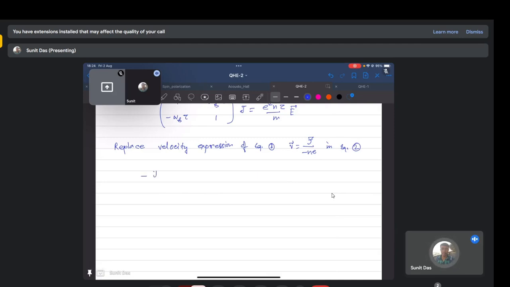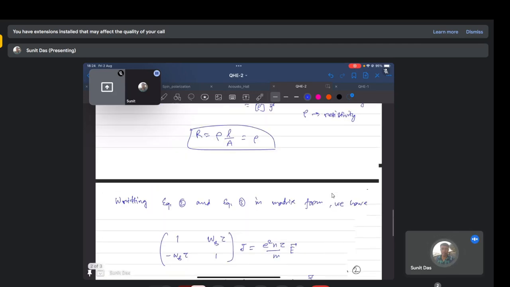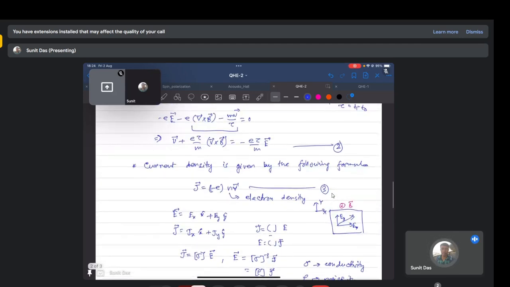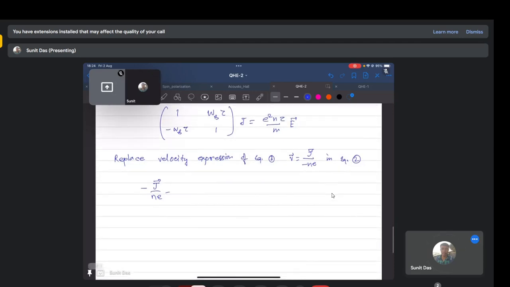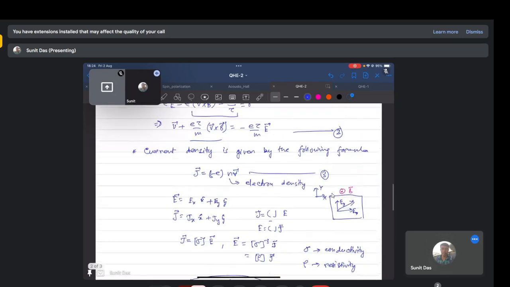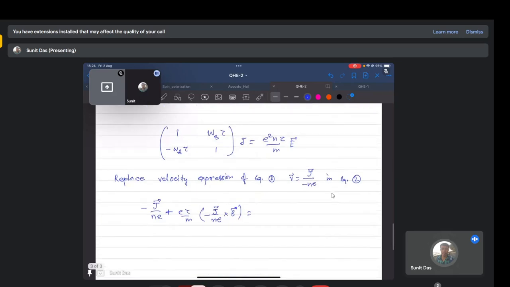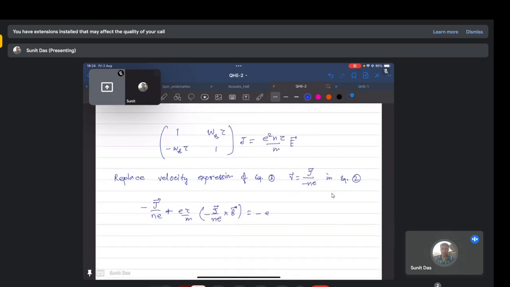We are replacing v by J by n e, in this term e tau by m v cross B, so it becomes plus e tau by m J by n e cross B, and then there was minus e tau by m electric field.